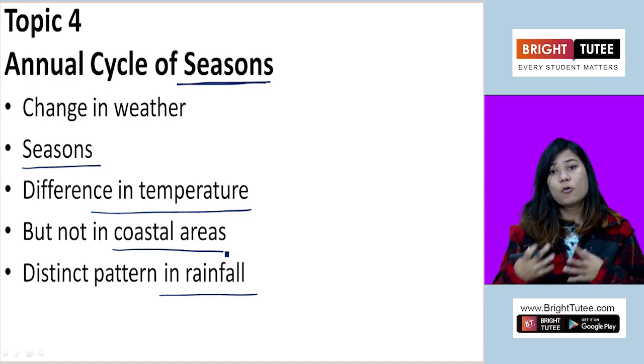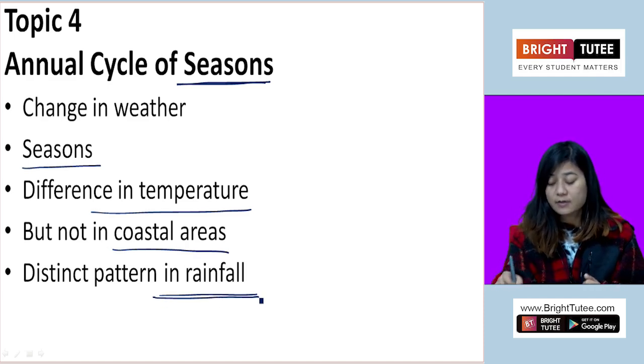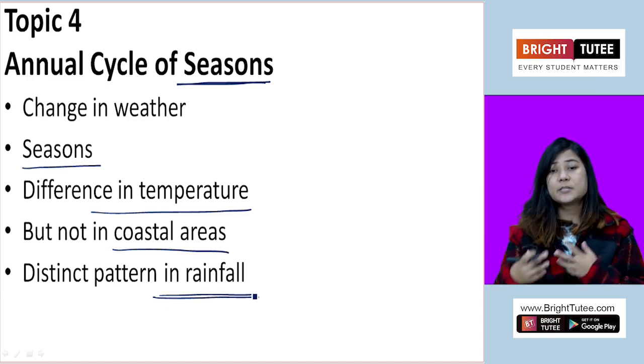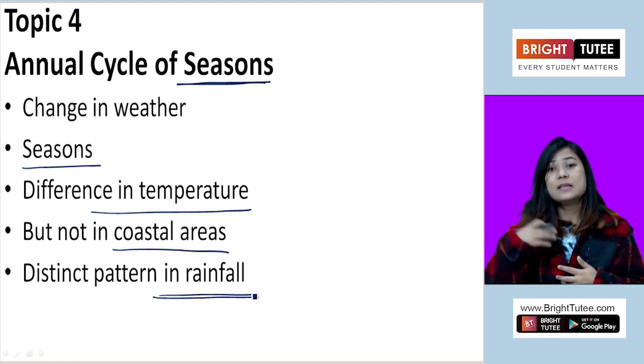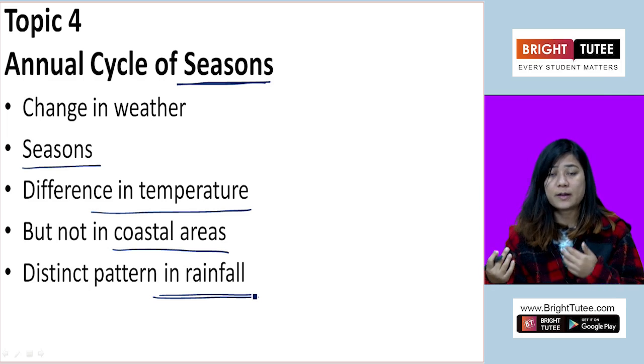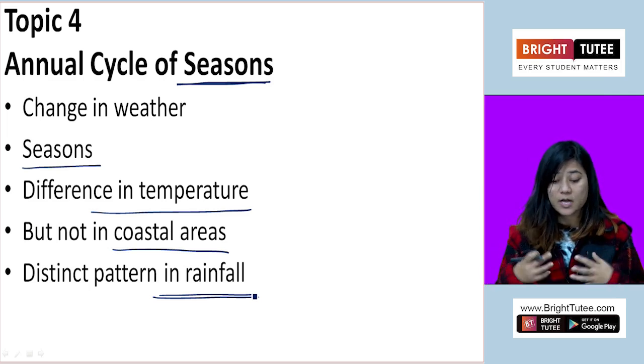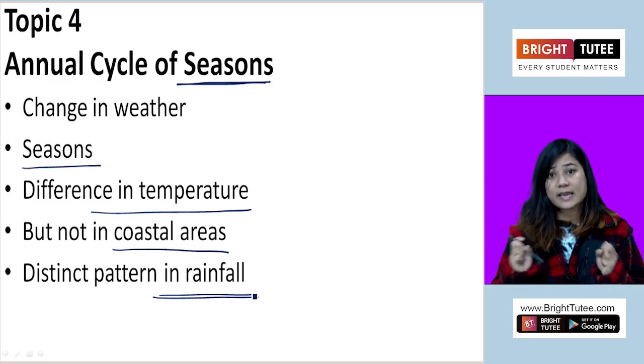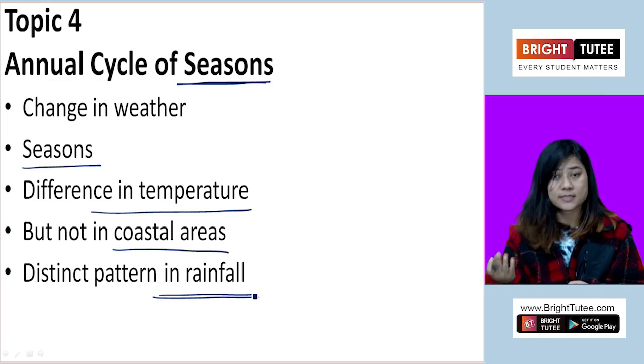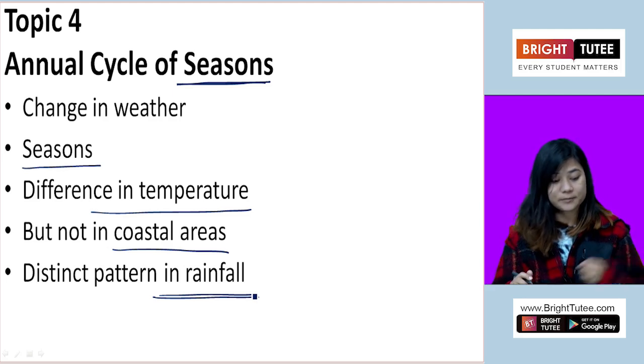But they also experience rainfall, although in a varying amount compared to the northern part and the western part of India. So all these are characteristics of the seasons that India experiences throughout the year.